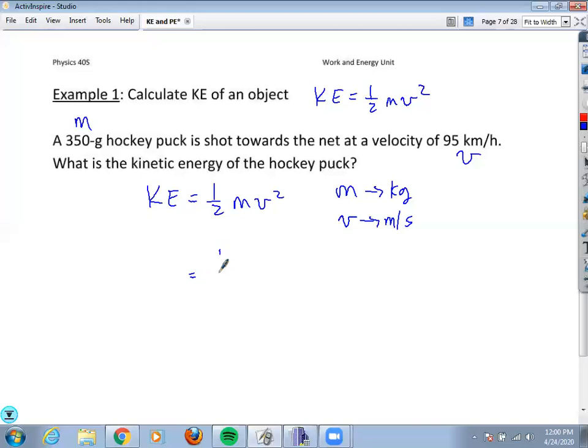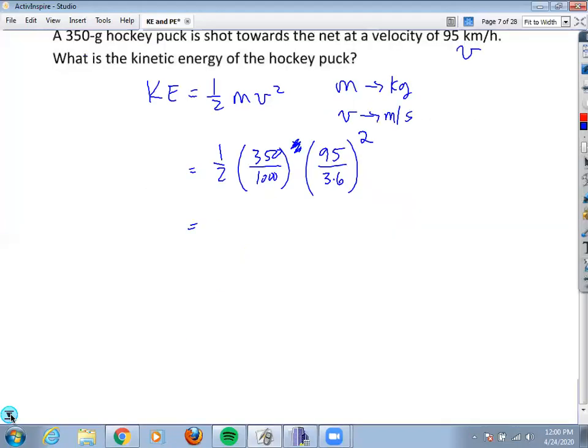So that would be 1/2 times 350 over 1,000 times, whoops, not squared, that's m times v squared. The v is 95 kilometers per hour. We divide that by 3.6, get it to meters per second. And we would square that, and we would get our answer.